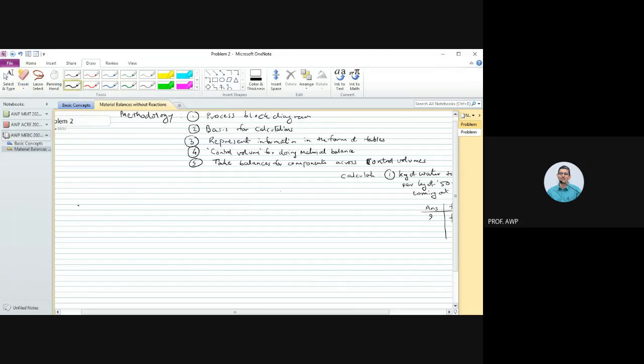Same situation: an aqueous solution containing 5 weight percent P. Instead of it going to one evaporator, it goes to the first evaporator, then it goes to the second evaporator, then it goes to the third evaporator.